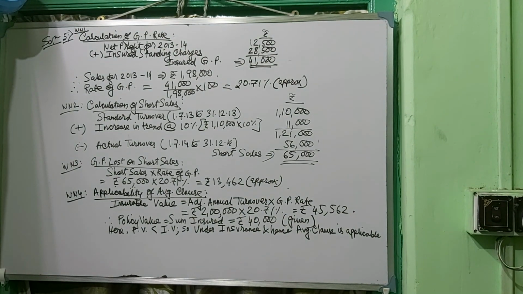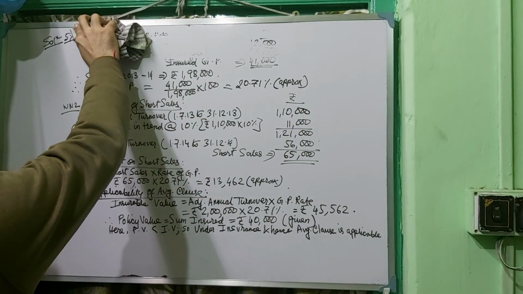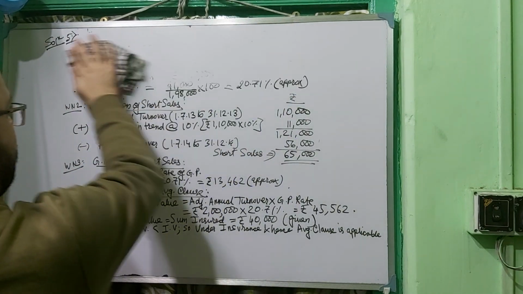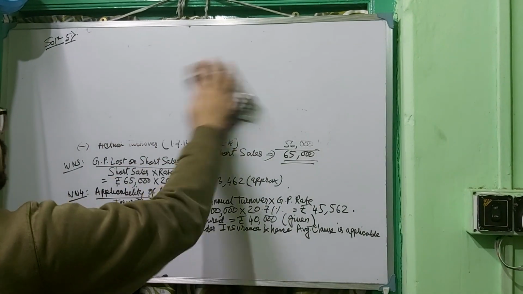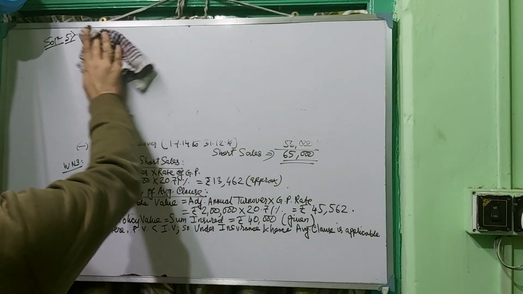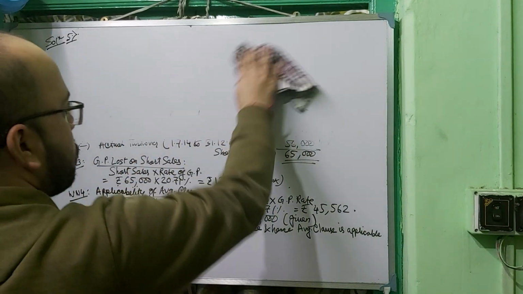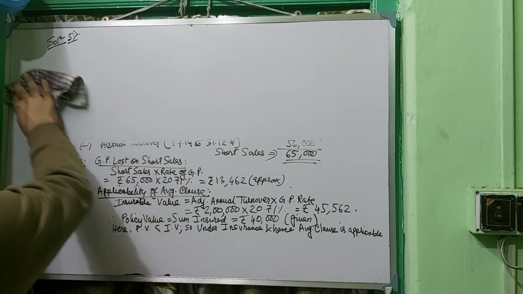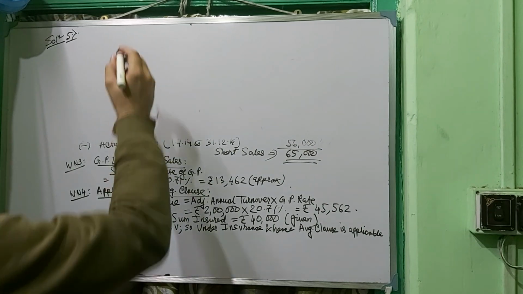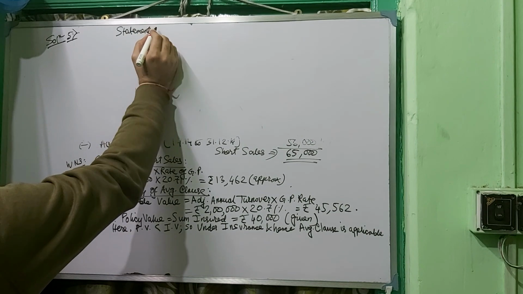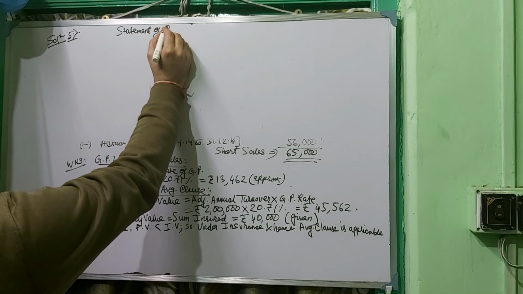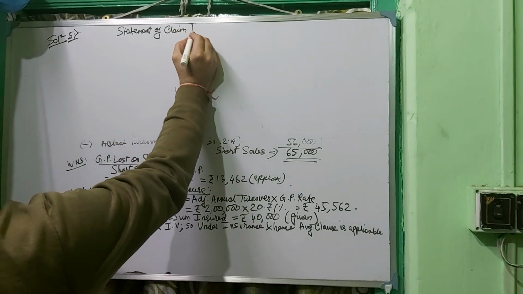So these are the workings you need to do first, then we move forward to the statement of claim. Statement of claim for loss of profit.